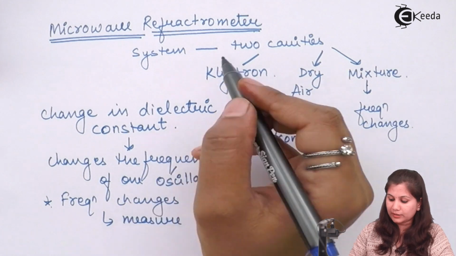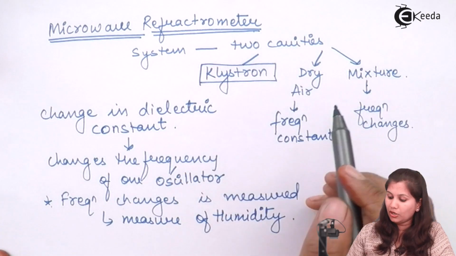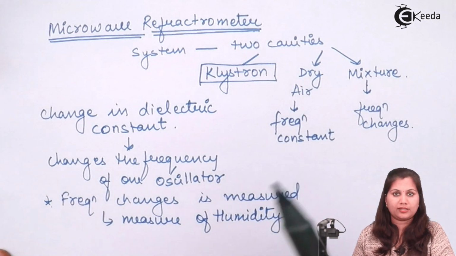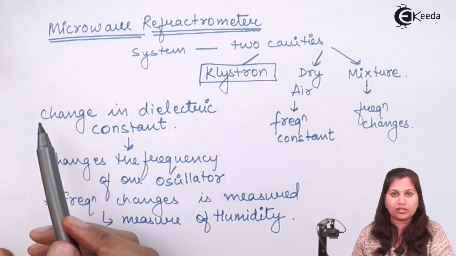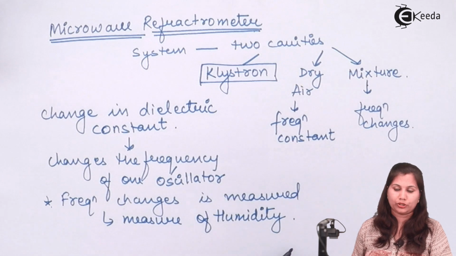Here, because a klystron is used, it is called a microwave refractometer. One of the oscillators changes its frequency due to the change in humidity, and that is how the humidity is measured.